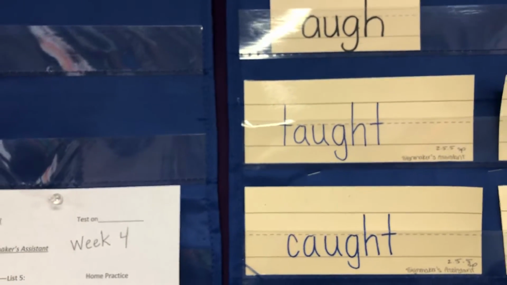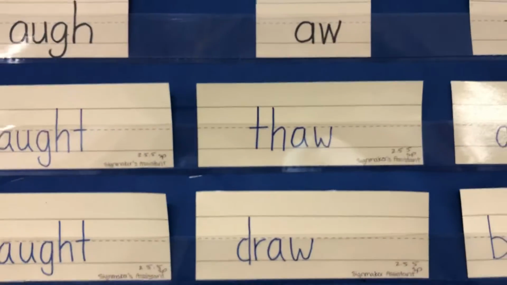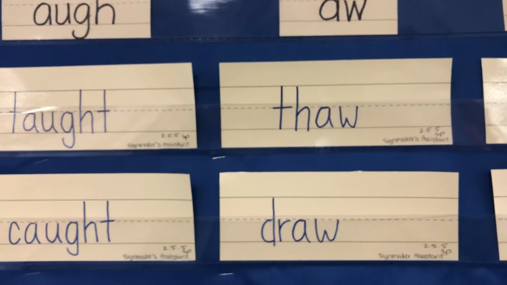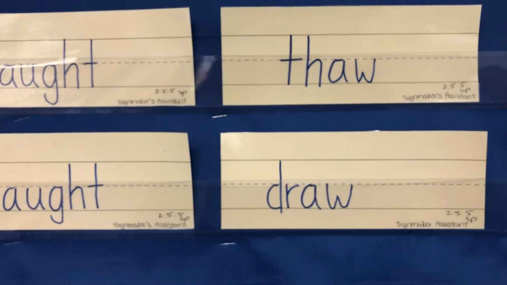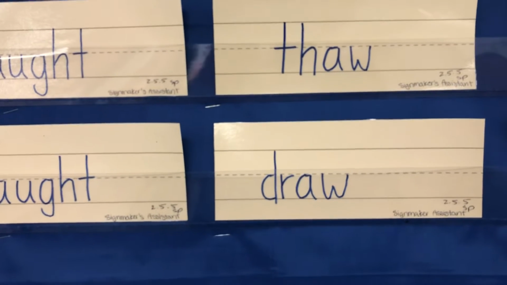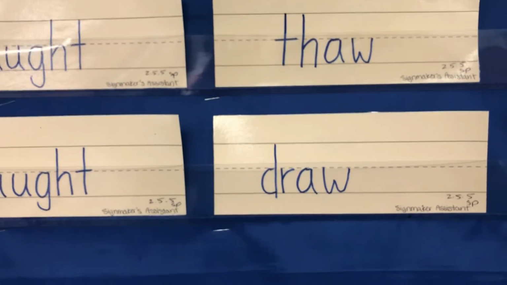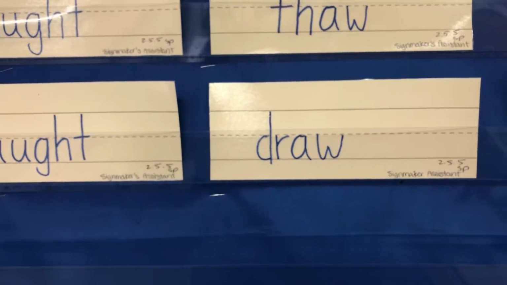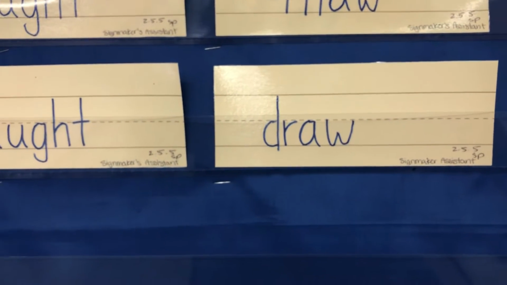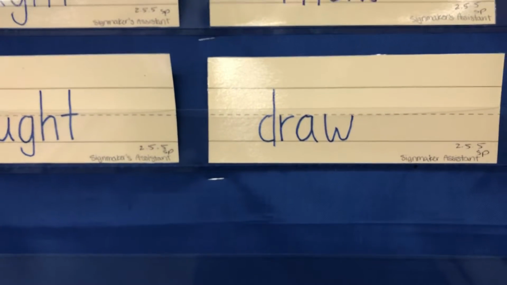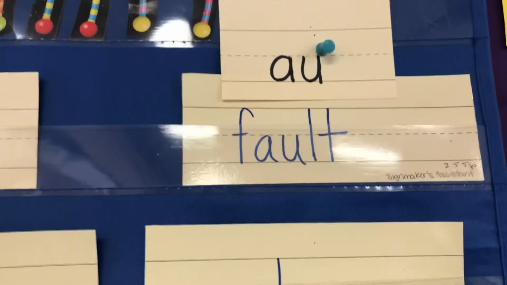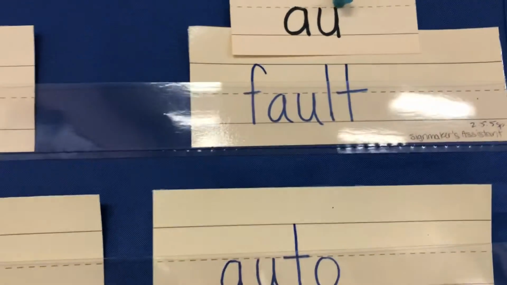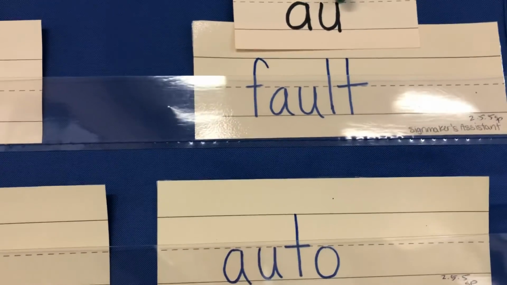Okay, the next spelling pattern is AW. Thaw. I'm going to thaw some chicken out for supper. Thaw and draw. I hope you draw me a picture if you haven't already. I love mail. Draw. The next spelling pattern is AU. Fault.